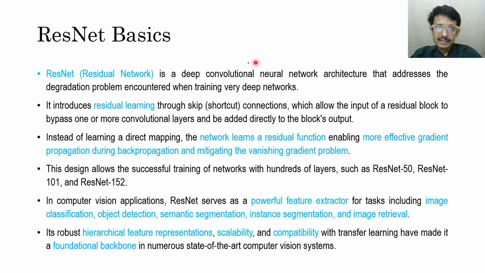So it addresses the degradation problem encountered when training very deep networks. What is the major innovation in residual network, or ResNet? It is to handle this vanishing gradient problem when network depth is very high.